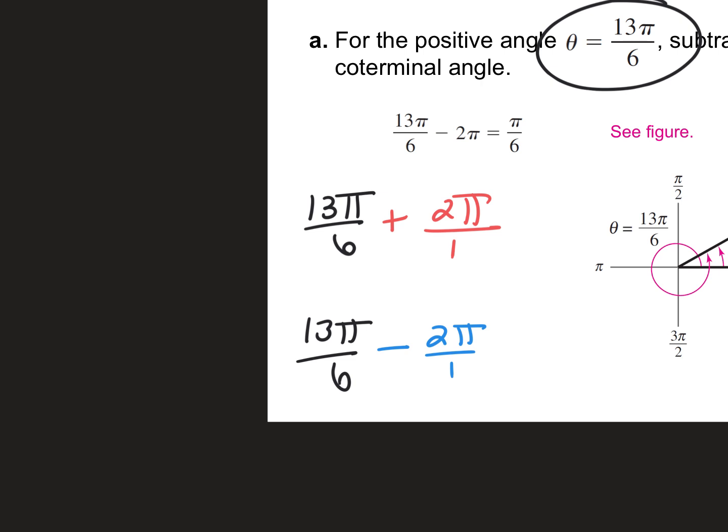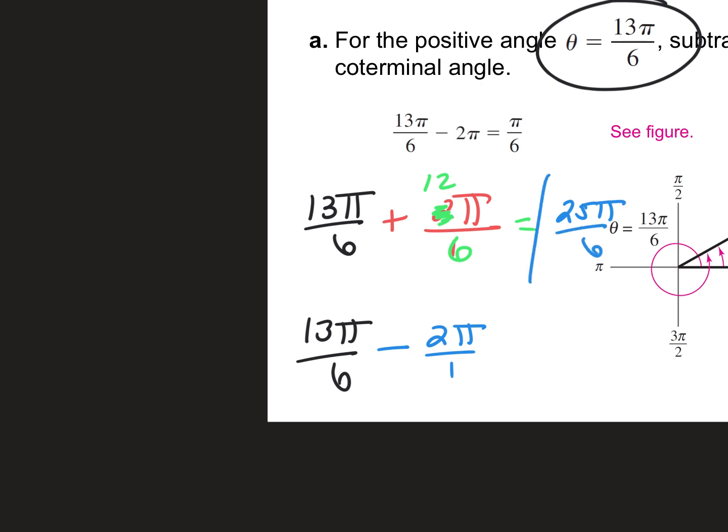A common denominator. What's a common denominator between 6 and 1? 6. So if I multiply the bottom by 6, I have to multiply the top by 6, right? What's 2 times 6? 12. So when I add 13 pi and 12 pi, I get what? 25 pi over 6.